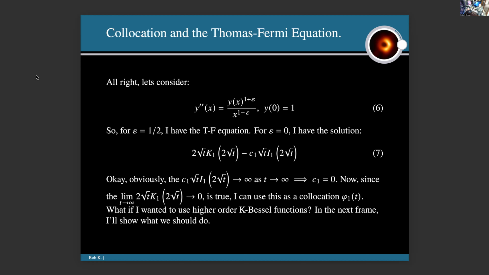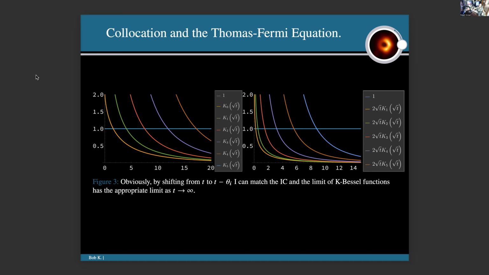So maybe I could use this for a collocation version of that equation. You need to have it start out at y equals 1. So if you look at all of these equations, you can have a line y equals 1, and you can just shift each one to various places, and you'll be able to get something that starts at 1 and in the limit goes to infinity.